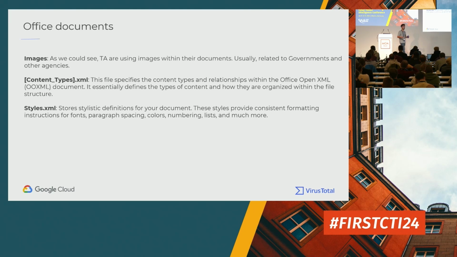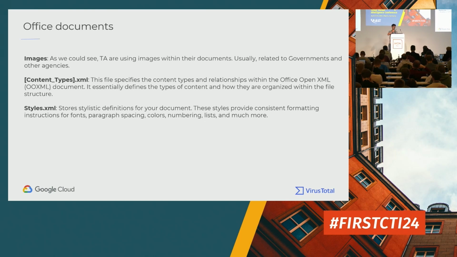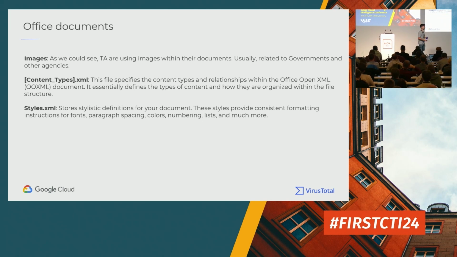This is created automatically by Word, and it essentially defines the types of content and how they are organized within the document. So for example, if you create a Word document with a PNG image within the document, there will be a line in the content types indicating that there is a PNG file embedded and it will be used, okay?